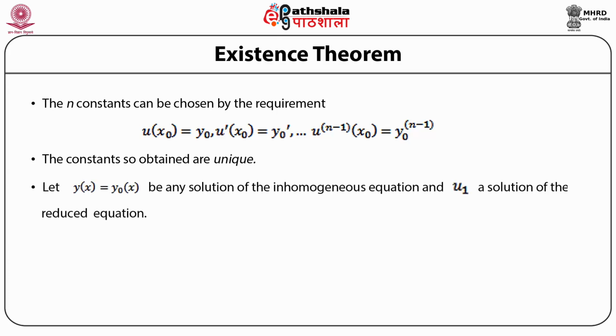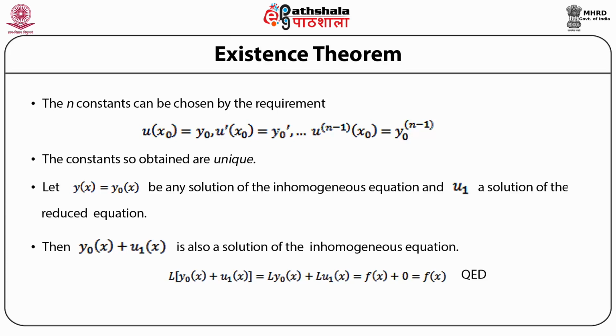Let y of x equal to y0 of x be any solution of the inhomogeneous equation and u1 a solution of the corresponding homogeneous equation. Then y0 of x plus u1 of x is also a solution of the inhomogeneous equation.